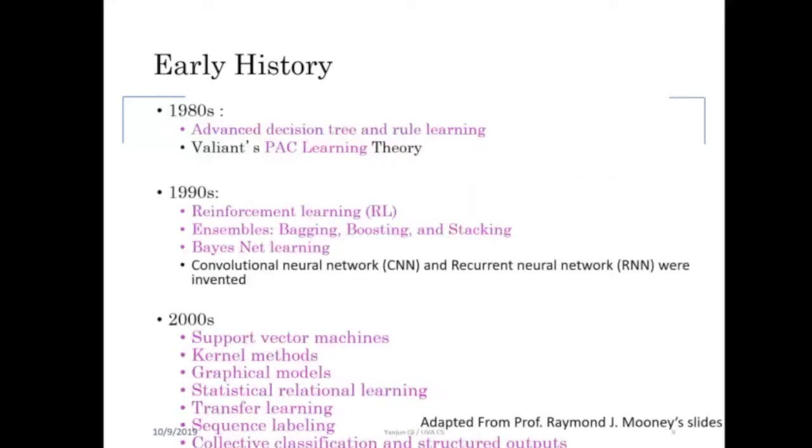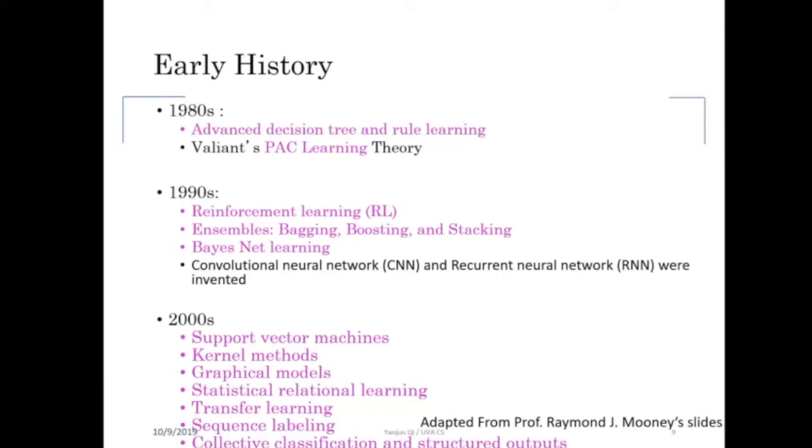And then in the 80s, the more advanced decision tree started to dominate. But this is still within the category of expert systems, because in the end it's a rule-based or logic-based formulation.